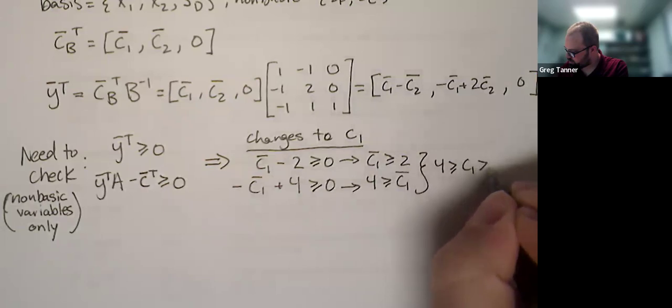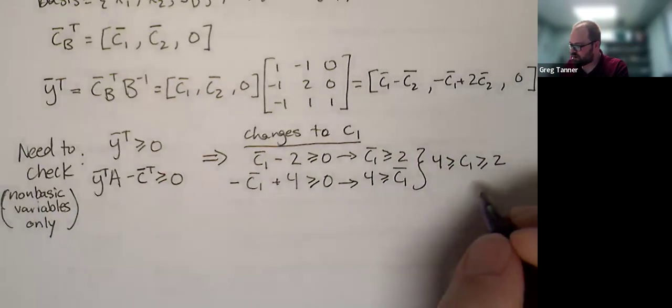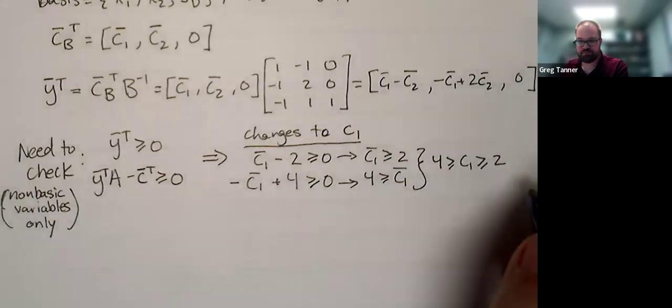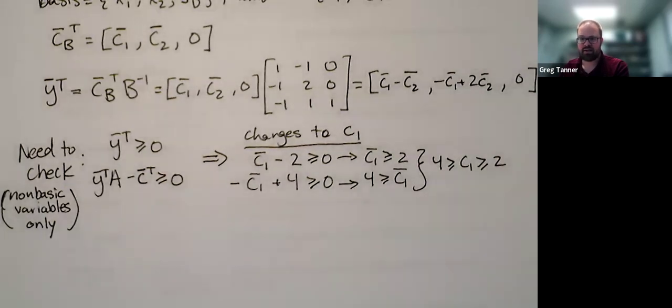for C1 between 2 and 4, our current basis will remain optimal. So if the profit for soldiers is between $2 and $4, we'll keep our same basis. What I'll note is, since we're only affecting the objective values, we're not changing our actual solution.